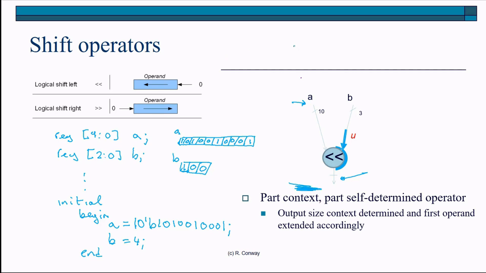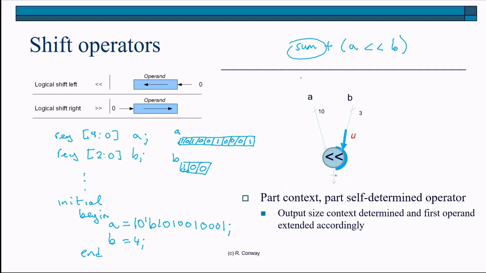So for example, if we have sum plus A logical left shift B, what happens here is that the output will depend on A and sum. So the output is context determined.